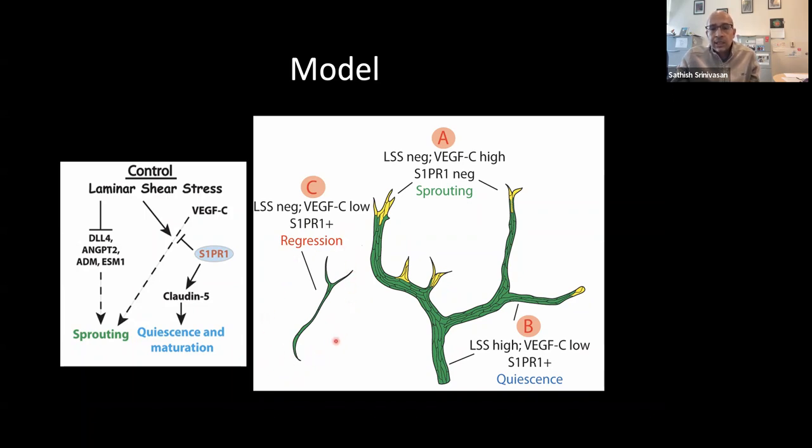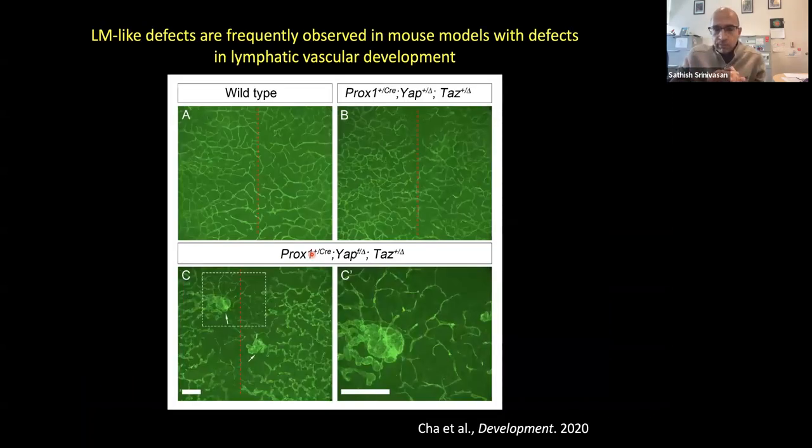You have certain areas of lymphatic vessels which are ineffective. They are not transporting fluid, but they keep growing and accumulating fluid inside. So will it be possible to promote the regression of those structures by using an S1PR1 agonist? That is something you can consider. Okay, so that is the closest I have to lymphatic malformation.